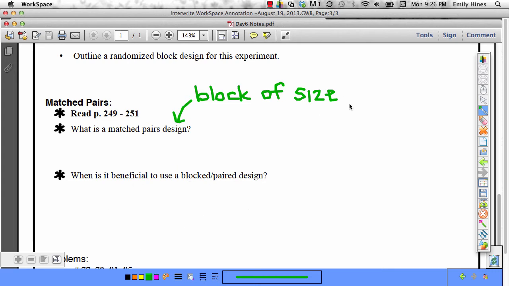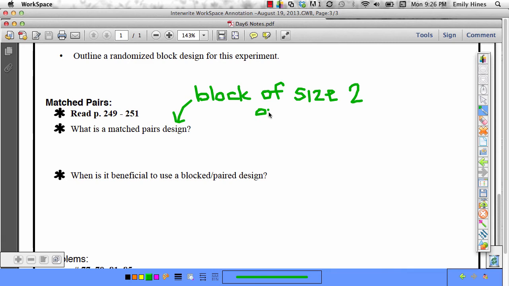That's also a matched pair. Your block of size 2 can be the same person who does both. So I may do the blocks and then look at the words. Okay, so that is a block of size 2 if I do both treatments myself.